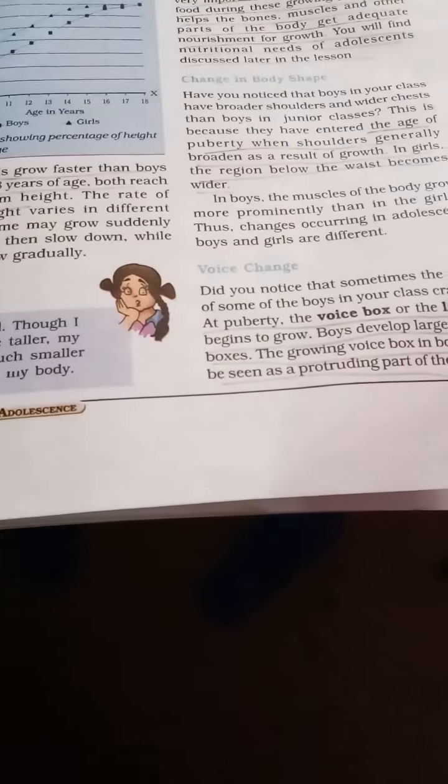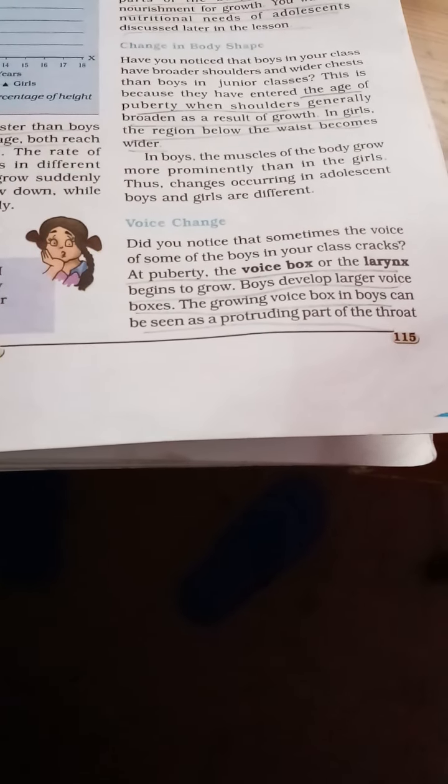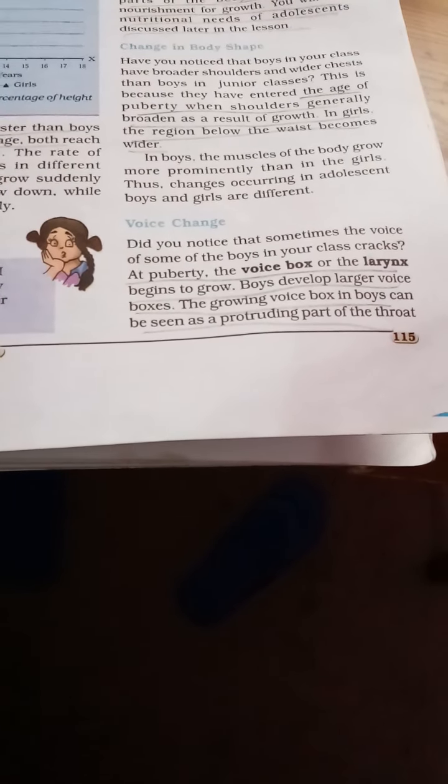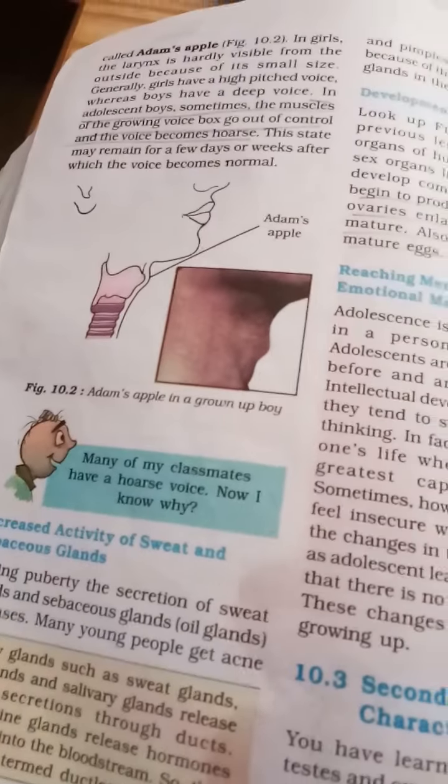Now voice change, we have already discussed regarding the voice change. There are some observable differences between a typical voice of a boy and a girl after reaching the age of puberty. That is due to the change in the voice box, also known as larynx. In boys the larynx protrudes.